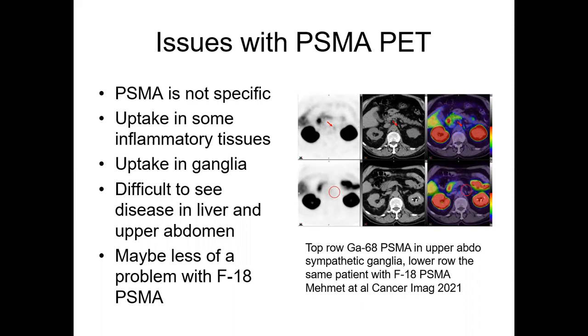So that may become less of a problem, but quite a few times we've been trying to work out where a ganglion could be. And certainly if you've got disease in abdominal lymph nodes, trying to separate ganglion uptake from lymph node uptake can be difficult.